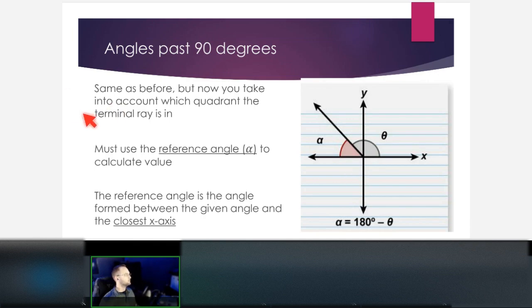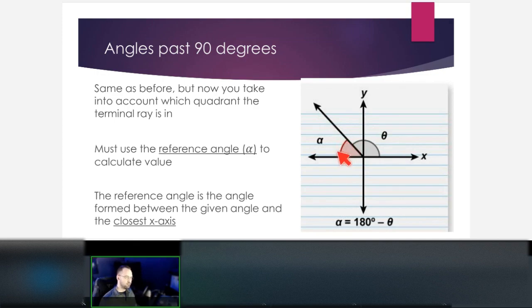All right, angles. So angles past 90, we must use the reference angle, it's called. The reference angle is the alpha angle, the Greek letter alpha. If we are past 90, which in this case it is, we're in quadrant 2, the reference angle is alpha.